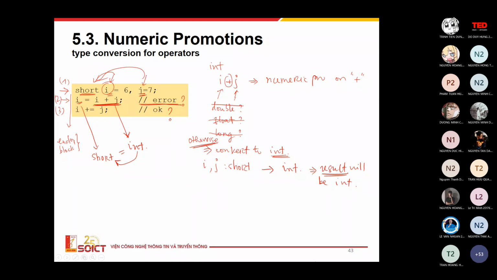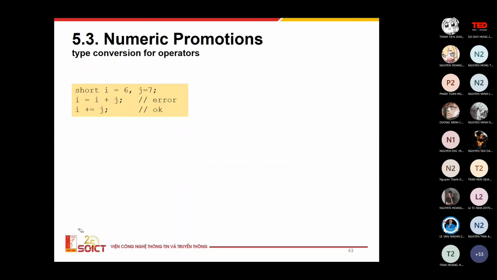Okay, thank you. So it is okay for the second line. And what happened for the third line? I say here, okay, why? Why is it okay for the third line?